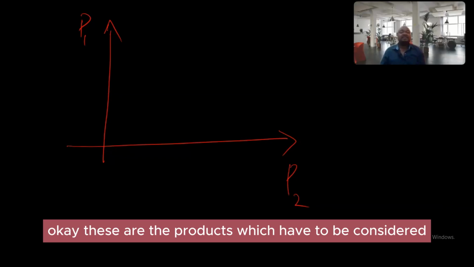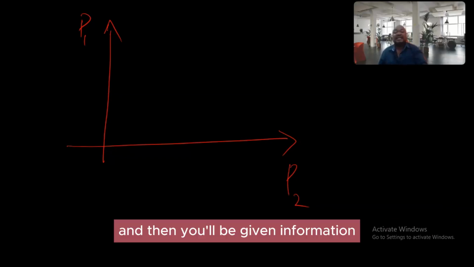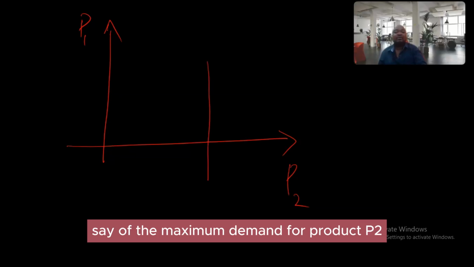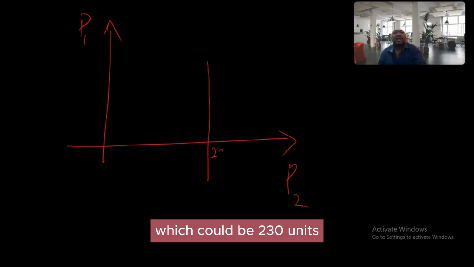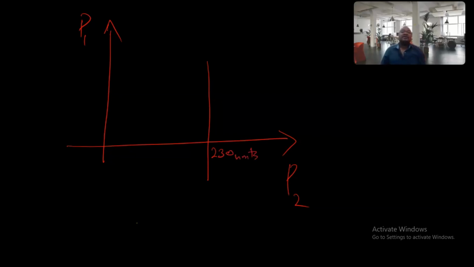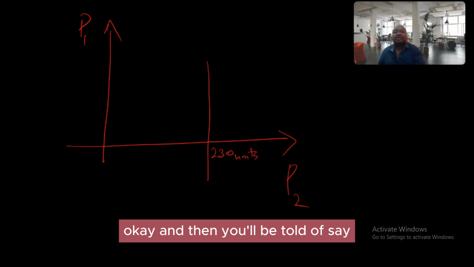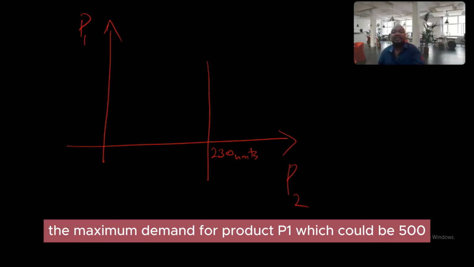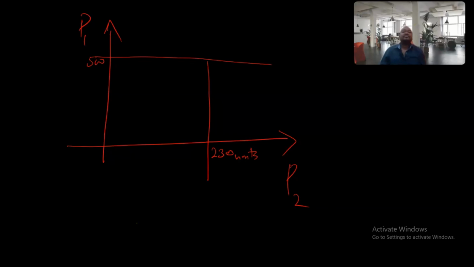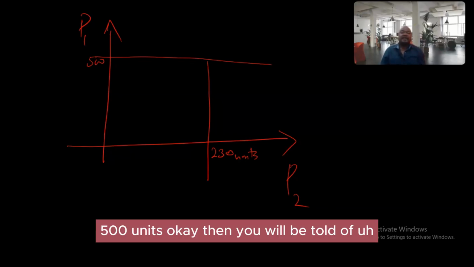Okay, these are the products which have to be considered, and then you will be given information, say, of the maximum demand for product P2, which could be 230 units. Okay, and then you will be told of, say, the maximum demand for product P1, which could be 500 units.